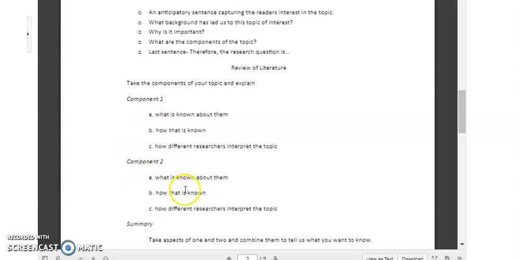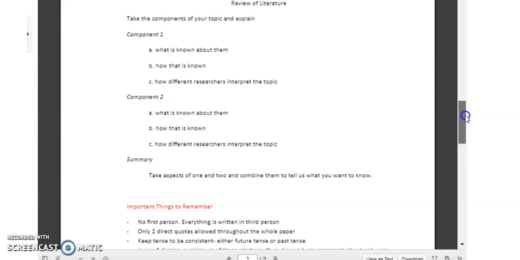Heading 2, write about it. And then in the end, you're going to have a summary that will be a wrap up of your whole literature review. You are going to restate the purpose of your research in the summary all over again.